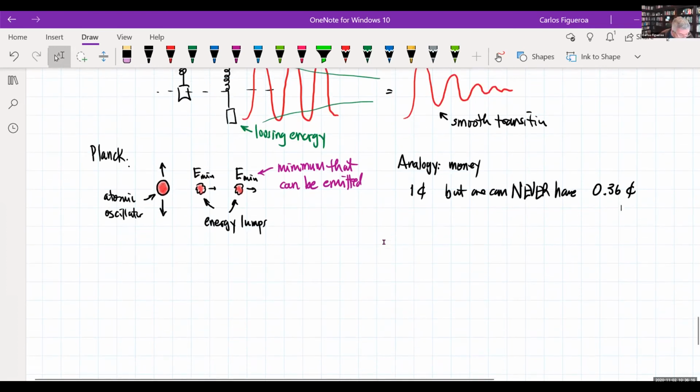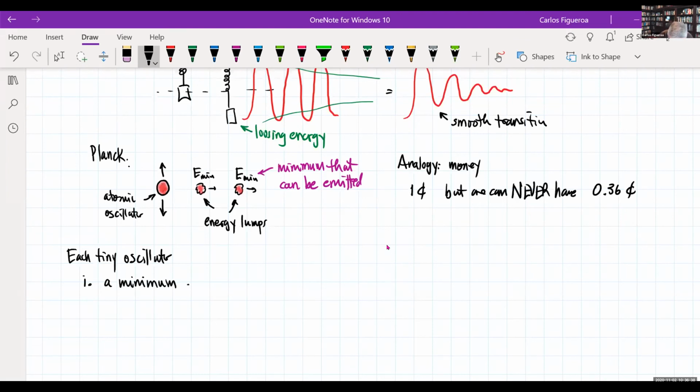So if I was to try to summarize this, each tiny oscillator has a minimum energy. This minimum energy is what he calls E-min, that can be emitted into the oven.